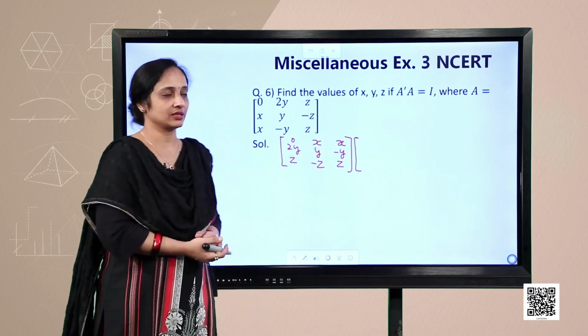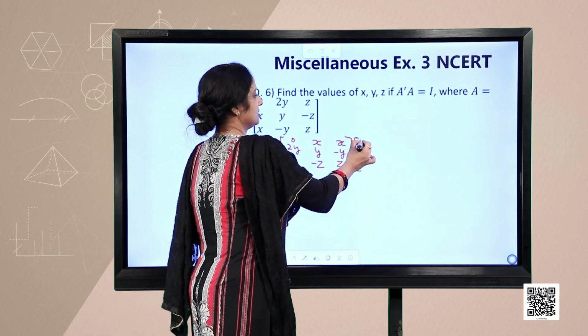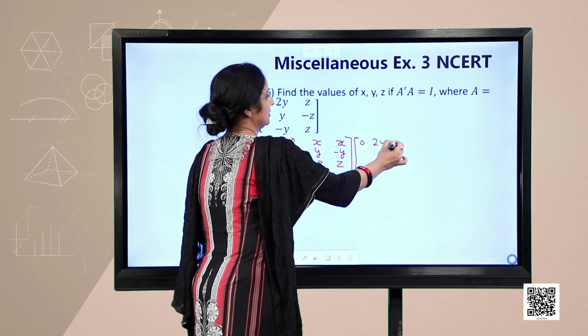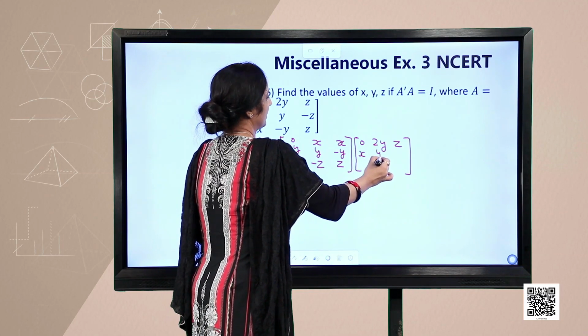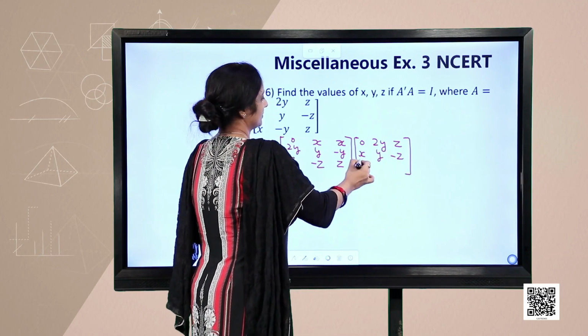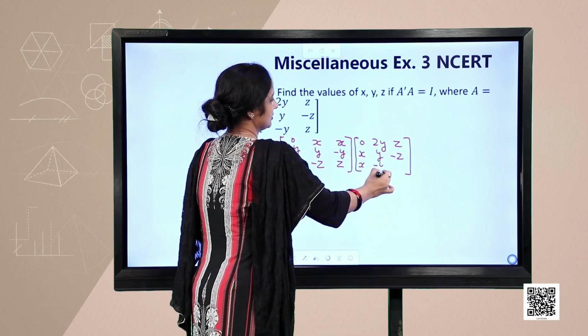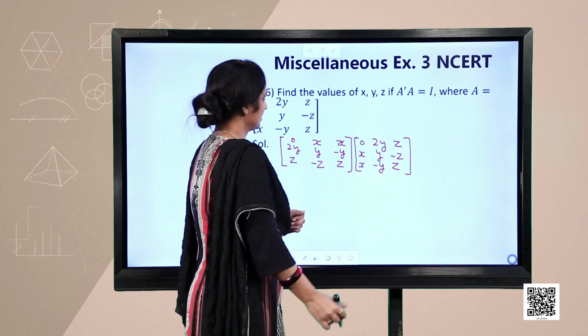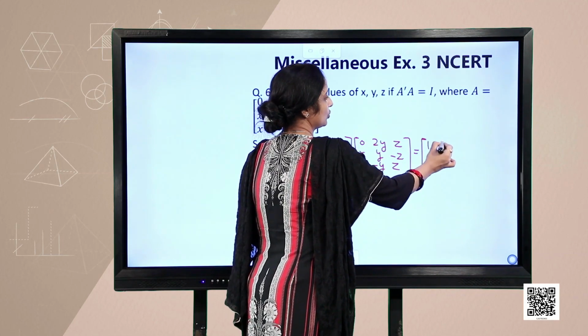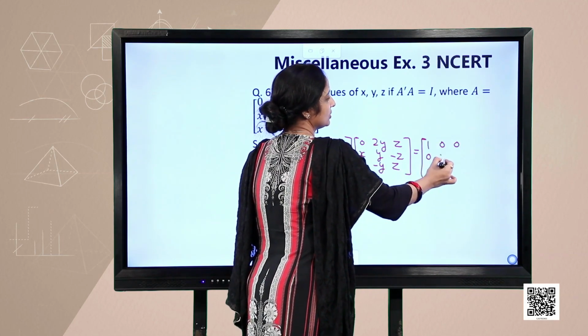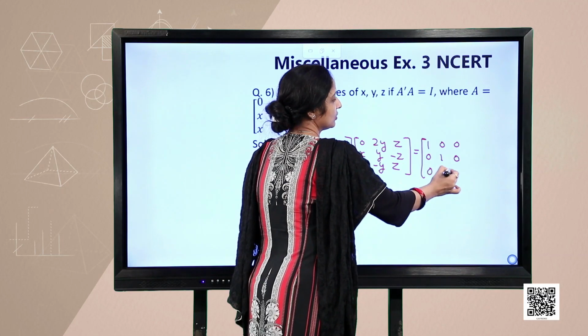Then write matrix A: 0, 2y, z, x, y, minus z, x, minus y, z, that is equal to identity matrix of the same order. That means 1, 0, 0, 0, 1, 0, 0, 0, 1.